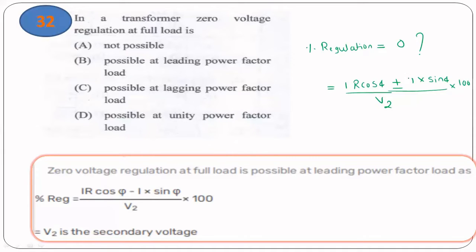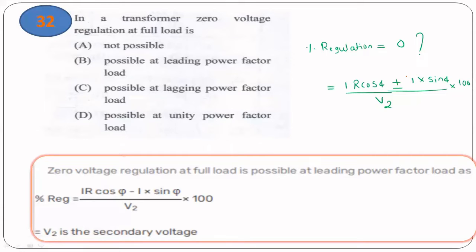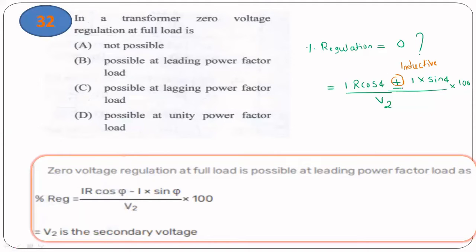Whenever the symbol is plus, it indicates that the load is lagging, or inductive in nature. Under such circumstances, the regulation becomes positive. To move from positive toward negative, whenever the load is leading in nature, the formula to be used has the minus sign.